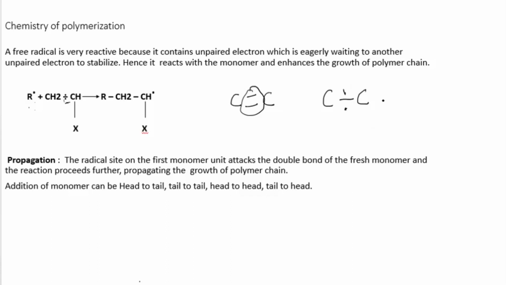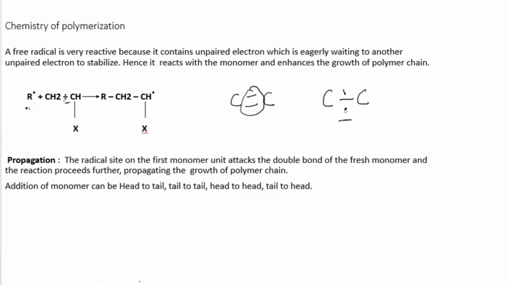So the double bond between two carbon atoms can be written like this. And these pi electrons, that is these two dots, are always away from the nucleus, so they are easily attacked by other reactive sites.